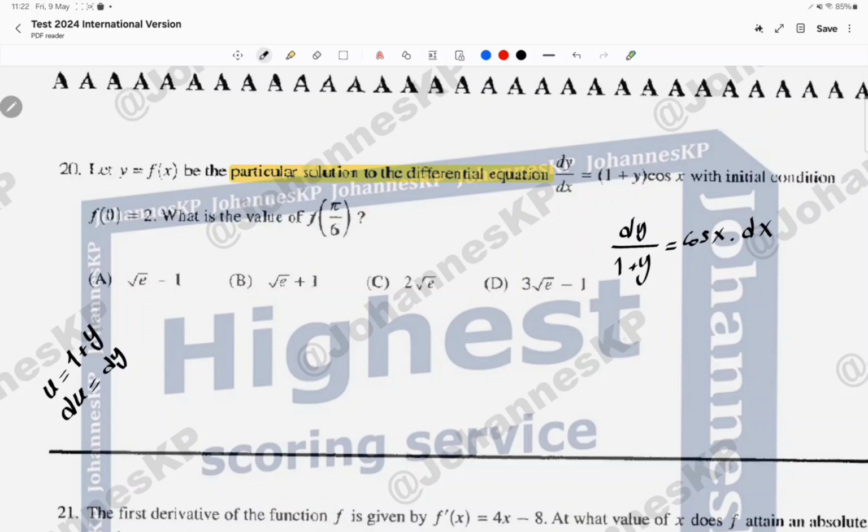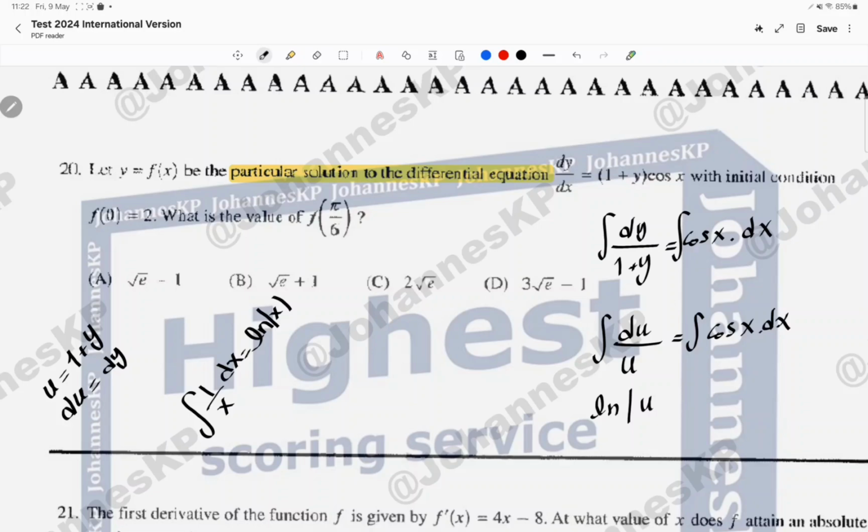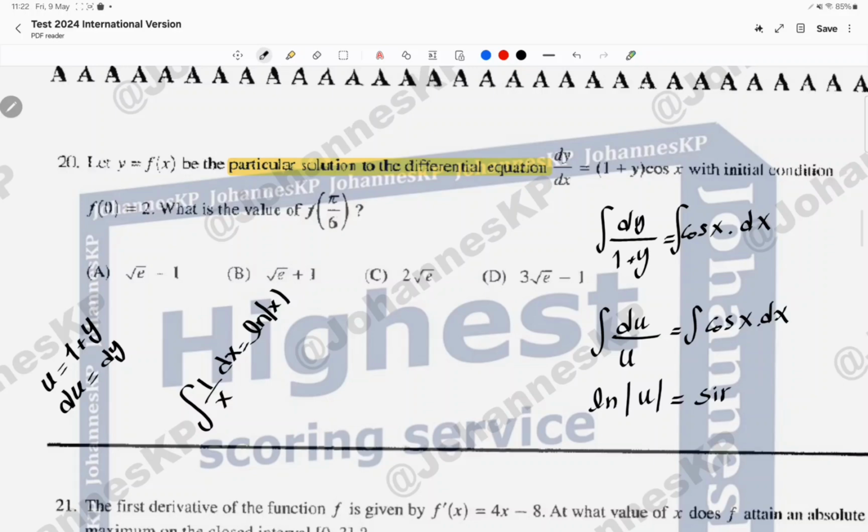So now, instead of dy, I'll put du, and instead of 1 plus y, I'll put u. That is equal to the integral of cosine x dx. You know what happens when you integrate 1 over u, right? You get ln of u. And when you integrate cosine, what do you get? Sine. No, not negative, just sine.